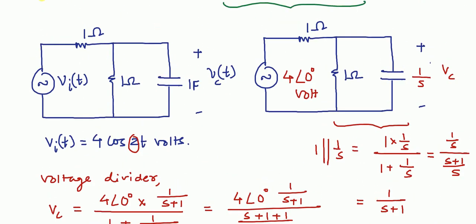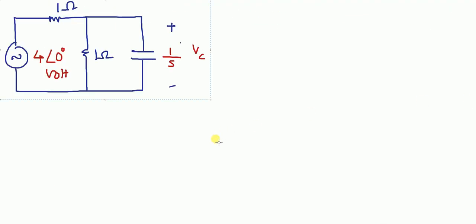We could have solved this circuit using KCL also. Let me tell you how to do that. Here voltage at this node is Vc. Let us assume that this node is reference node. So now we can apply KCL at Vc.